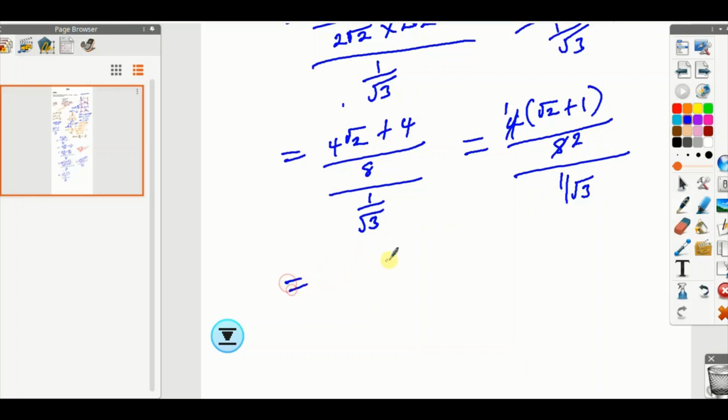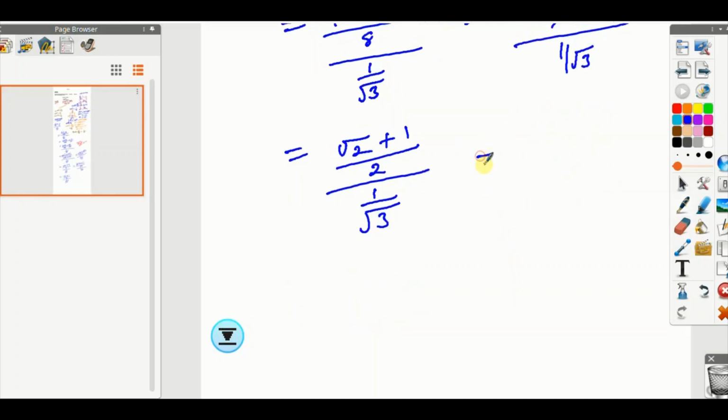So our value that remains now is square root of 2 plus 1 over 2, and everything over 1 over square root of 3. And this can now become root 2 plus 1 over 2 divided by 1 over square root of 3, right?